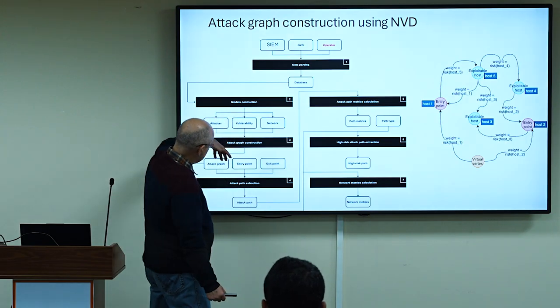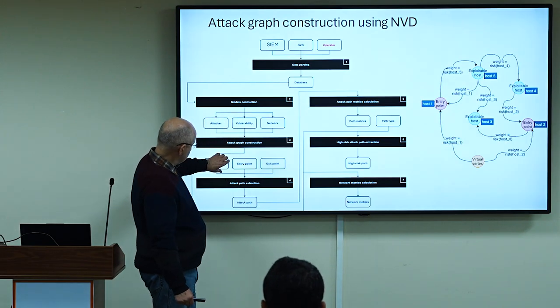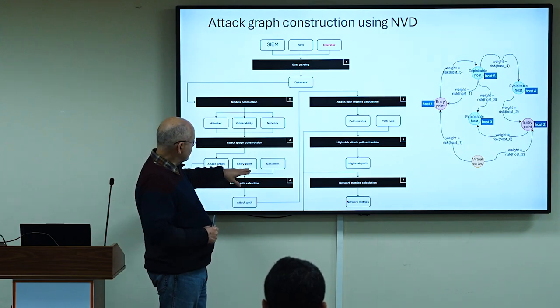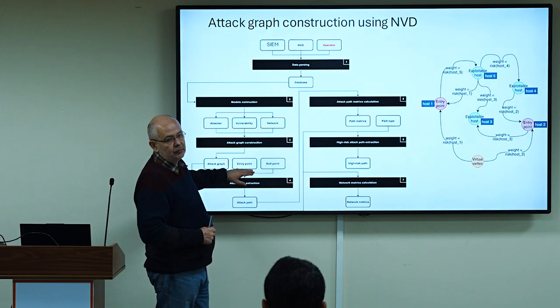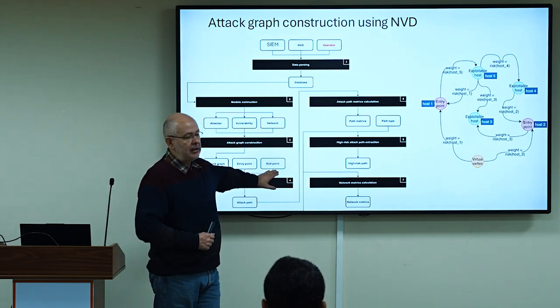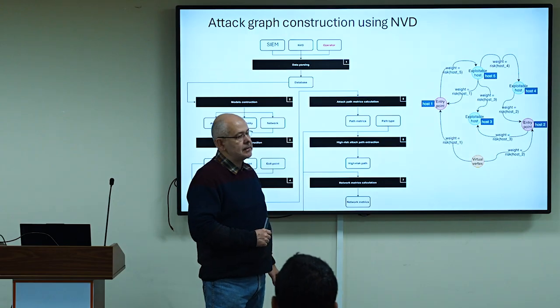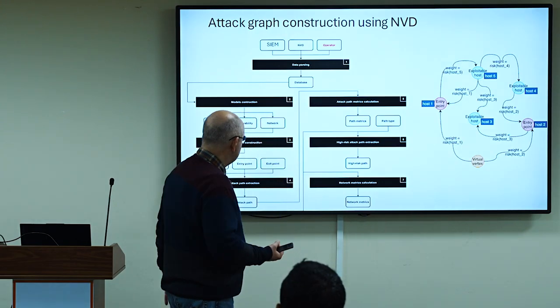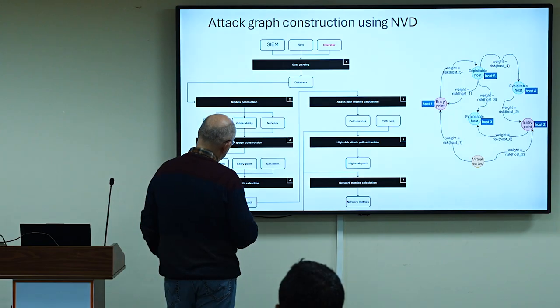And for the attack graph, we need to know it as a set of nodes and connections between them. Also, what is the entry point to the system, and what is the exit point? The exit point means what we reach in the final state of the sequence of actions.